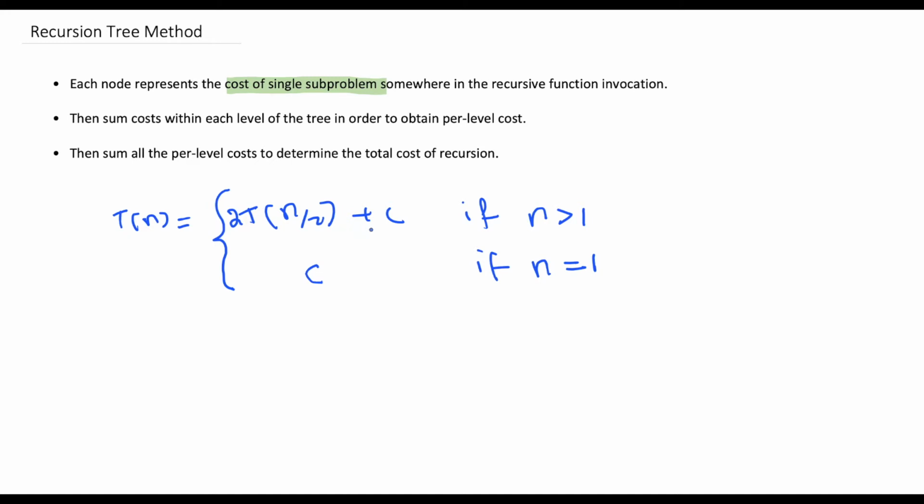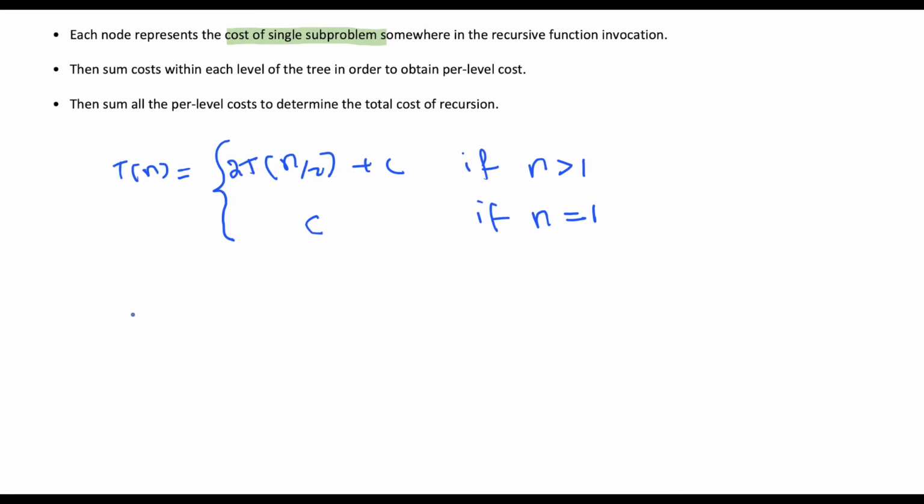When the value of n is greater than 1, I can draw a simple tree structure to represent the value of T of n. The structure of that simple tree will be something like this. We will have a cost C, then we will have to solve two problems of size n by 2.